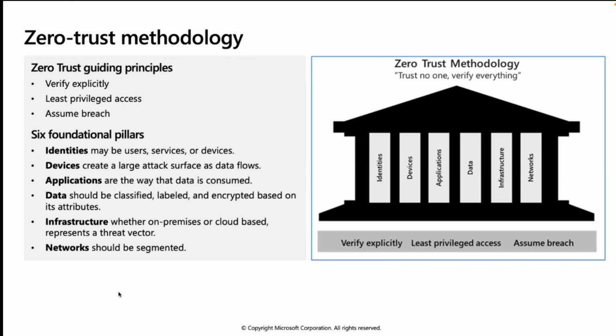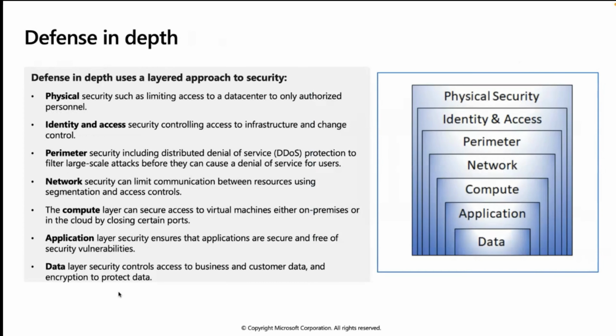So segment your networks. Don't have one large network, have a number of different network segments. So the idea is if a bad guy got onto your network, he's not onto your entire network. You understand? Okay. What else have we got?